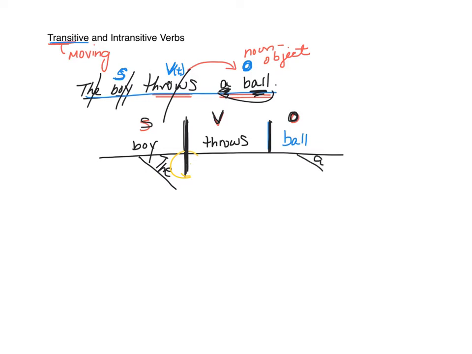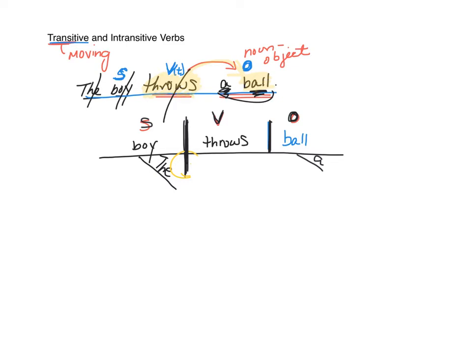So when someone says transitive verb, what does that mean? Well, a transitive verb wants to take the action from the verb and transfer it into an object that is part of the main idea. The boy throws is not a complete idea on its own, so you need the boy throws a ball.